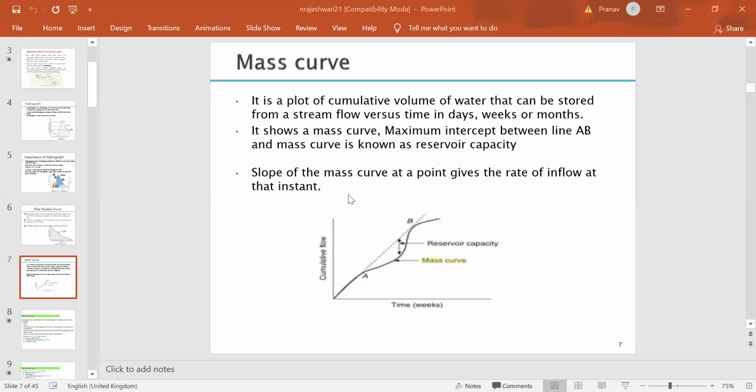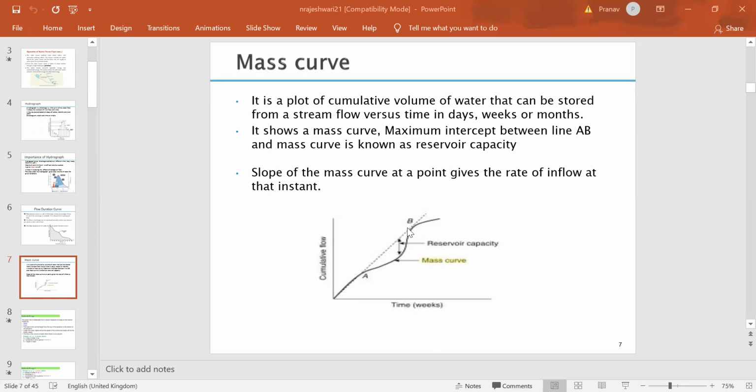Coming to the mass curve, it is a plot of cumulative volume of the water that can be stored in the form of stream flow versus time. So cumulative flow or stream flow versus time in weeks or days or months. It shows the mass curve, and the maximum intercept between the line AB and the mass curve is known as reservoir capacity.